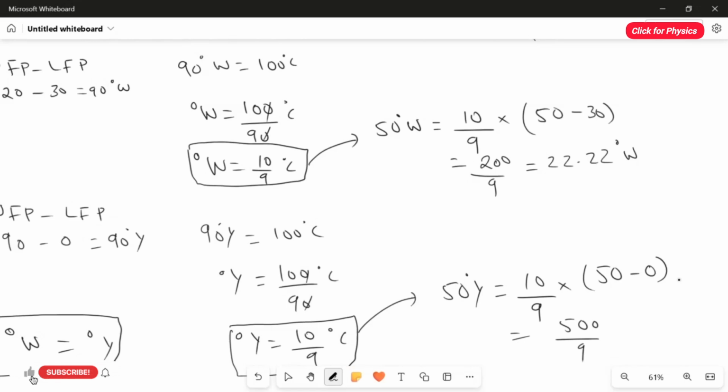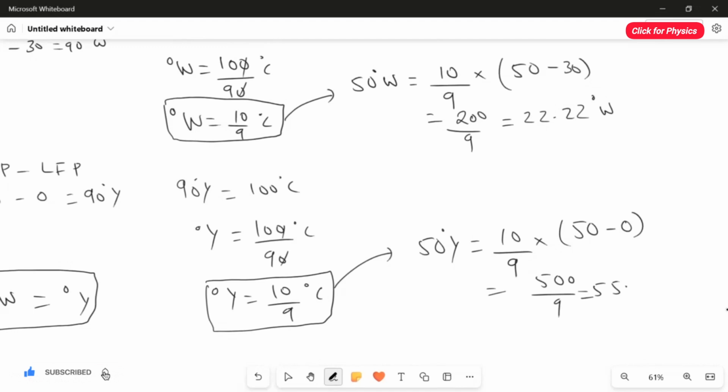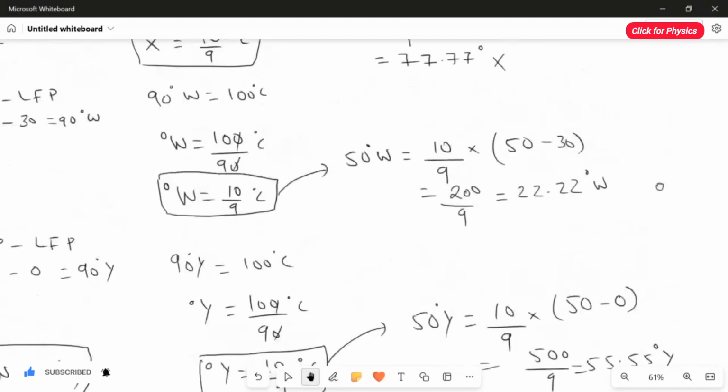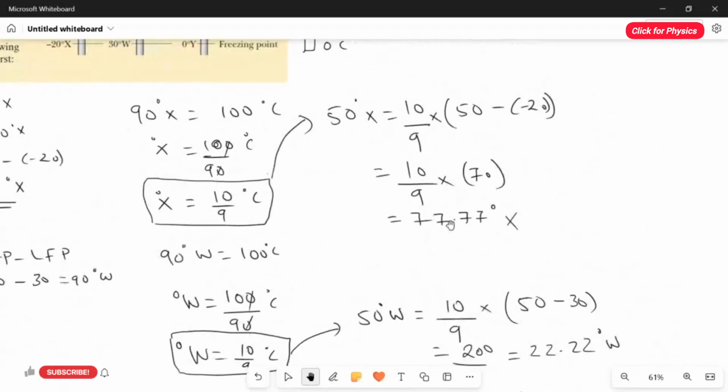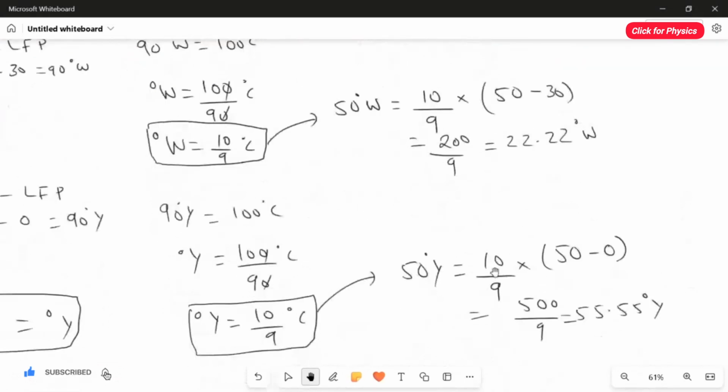I got the answer as 55.55 degrees Y. Now you can see the answer. 50 degrees X gives 77.77, 50 degrees W gives 22.22, and 50 degrees Y gives 55.55.